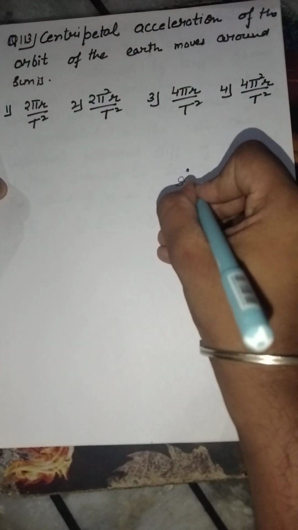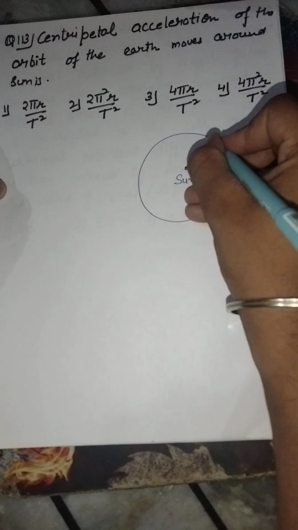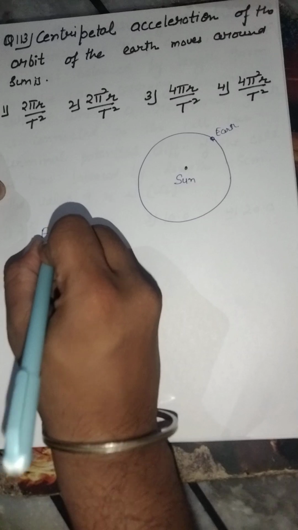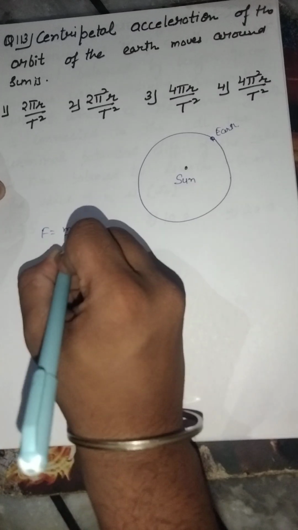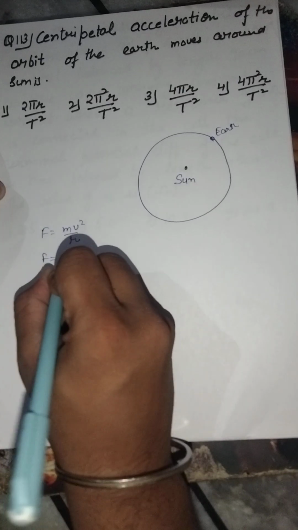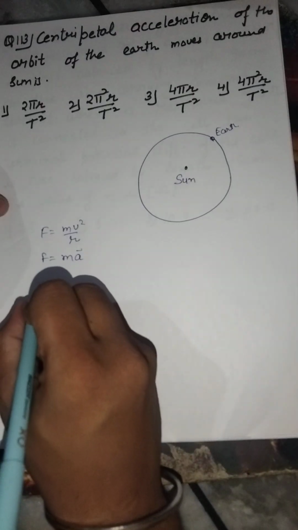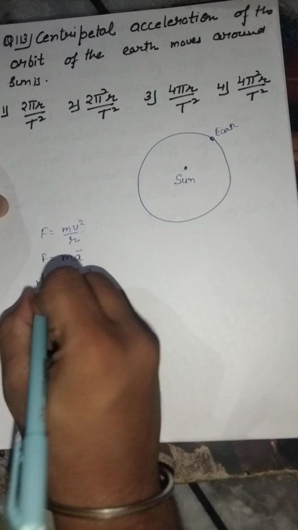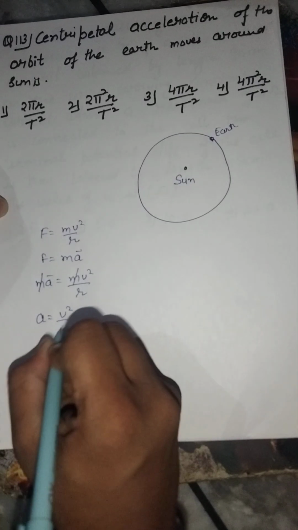Next question is, the centripetal acceleration of the orbit in which the earth moves around the sun. Let the sun be at the center and the earth moving in a circular path. As we know, centripetal acceleration has formula F is equal to mv square by r, and F is equal to ma. Equate both statements. ma is equal to mv square by r, m cancels, a is equal to v square by r.